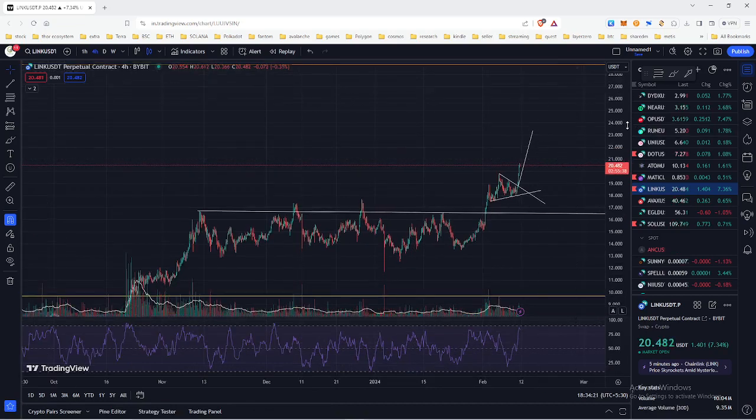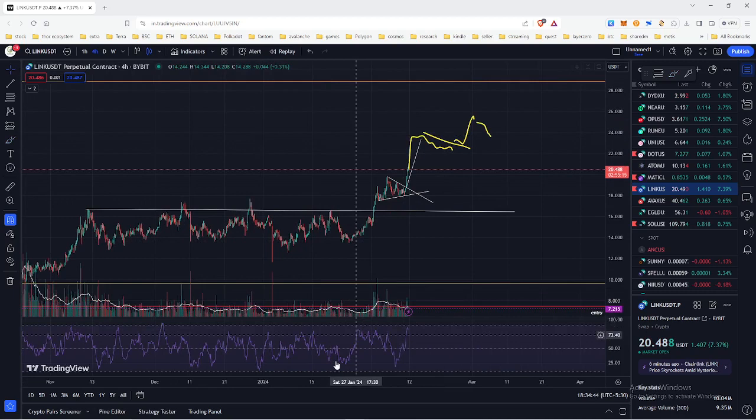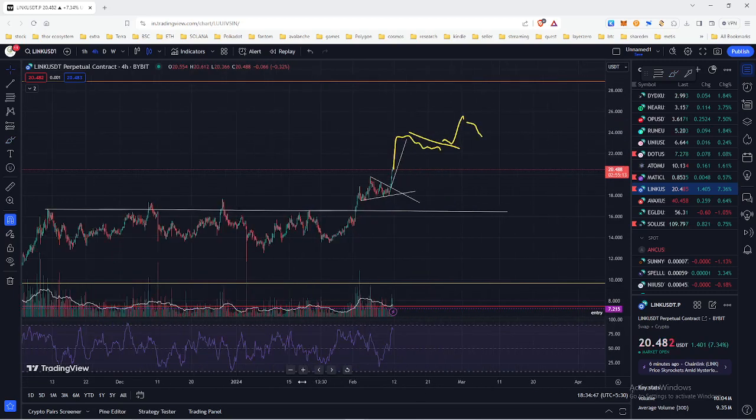Okay, we might do something like this. Then we'll break this and go up and do it again. That's how the price action works.